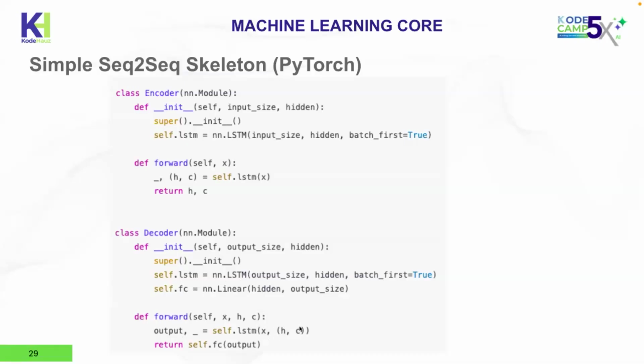This hidden and cell state will come from the encoder. And then you give it an input, and it's going to do a prediction of output, right? And this is also hidden and cell state, but we don't need this. So we take this output, which is also a sequence of the same length as what you have defined as the output size, and you just send the output out. So it's going to give you a sequence, not a single output prediction, but a sequence, right? And that's sequence to sequence model.